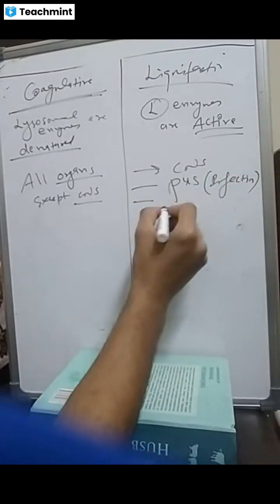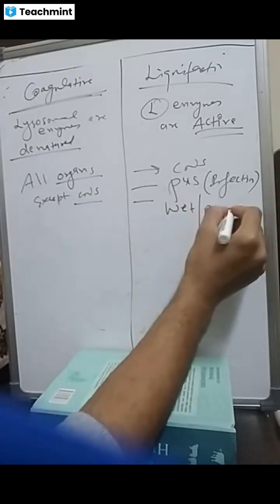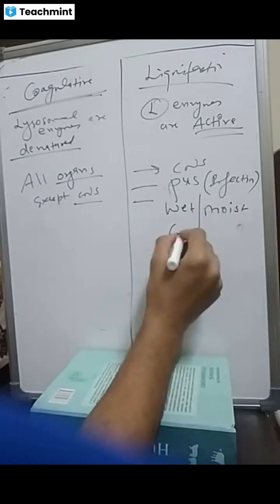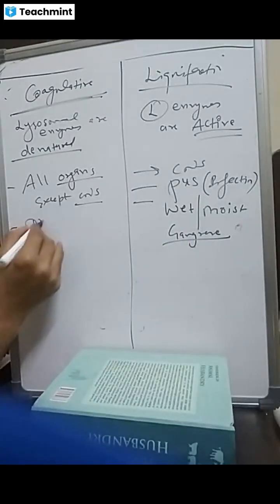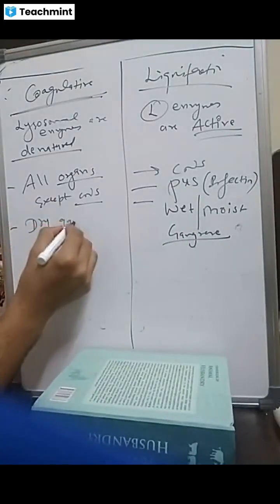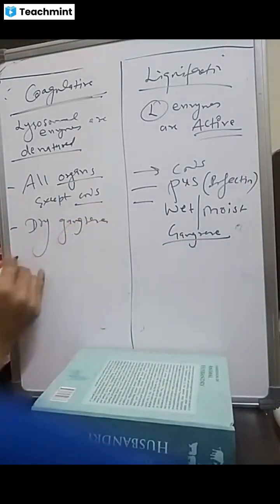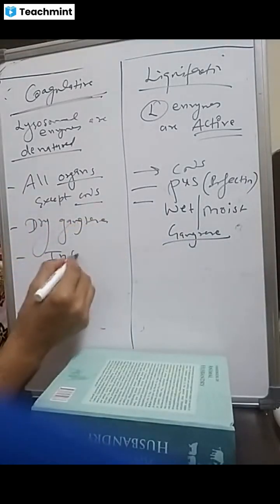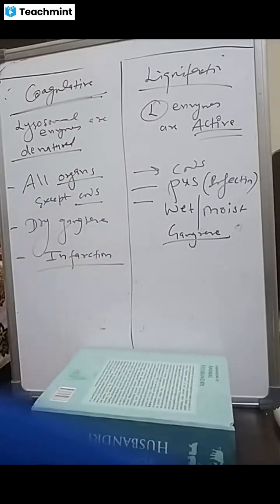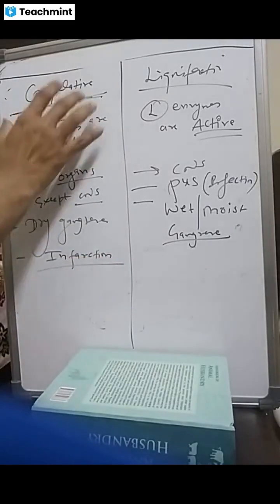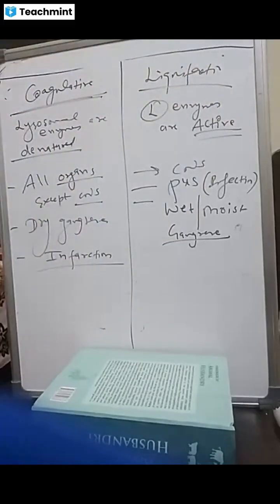Coagulative necrosis is also seen in wet or moist gangrene, in dry gangrene, and in infarction, whether red or white.